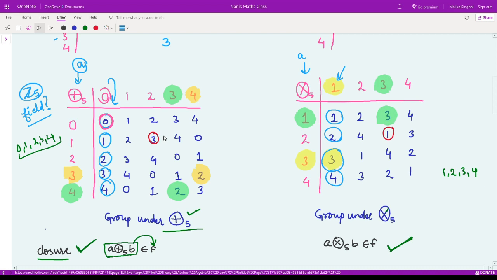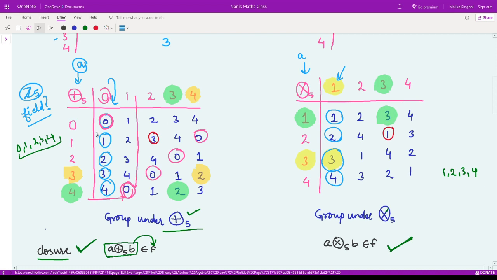Then here I get 0 here, that is 1 addition mod 5 4 gives me 0, then 2 addition mod 5 3 gives me 0, and then 3 addition mod 5 2 gives me 0, and then 4 addition mod 5 1 gives me 0, right?